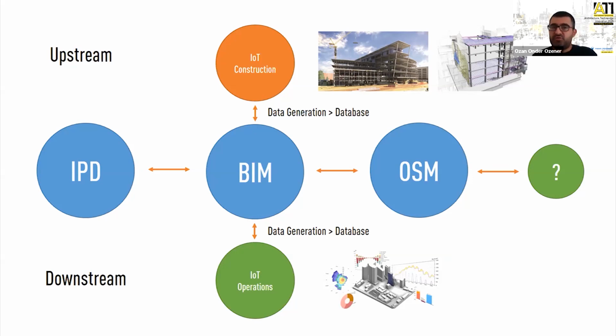And maybe we are going to create new processes, new methods using the Internet of Things for construction. When it goes to the operations stage, we are going to use it in a different manner in the downstream phase. So, looking at this example again, it's not only about using the tools and techniques, but creating a new process through people.